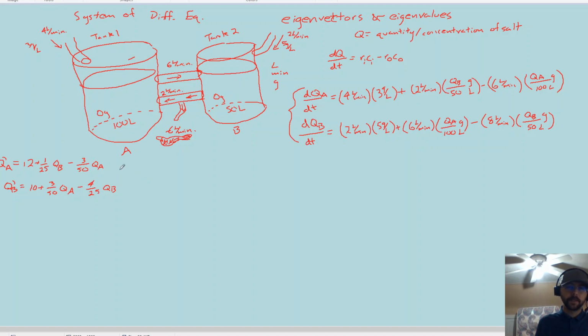So what this is going to boil down to, if we write it in the more standard form, is going to get really ugly. We're going to have quantity in A plus 3 over 50 QA minus 1 over 25 QB equals 12.